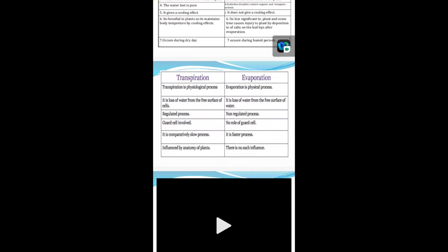In transpiration, there is a loss of water from the surface of the cells, whereas evaporation is a loss of water from the free surface of water. Transpiration is a regulated process, and evaporation is a non-regulated process. In transpiration the guard cells are involved; in evaporation there are no guard cells. Transpiration is comparatively slow; evaporation is faster. Transpiration is influenced by the anatomy of plants; evaporation has no such influences. So there is a difference between transpiration and evaporation.